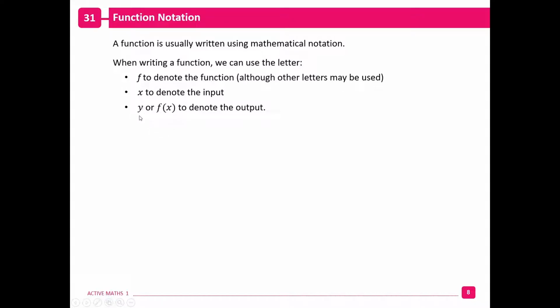It may definitely appear easier to use the letter y to represent our outputs, but it's very common that we see this symbolic notation, and we would pronounce this by saying f of x. And the f refers to the fact that it's a function and the function's name is f. So of course it could also be g of x or h of x.